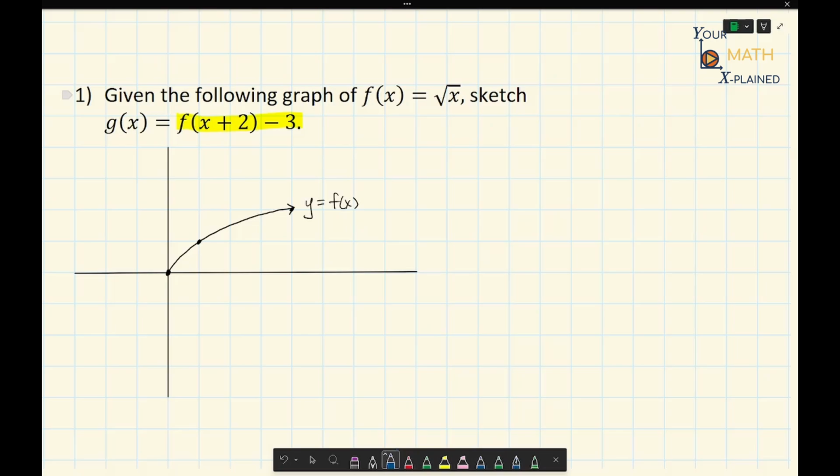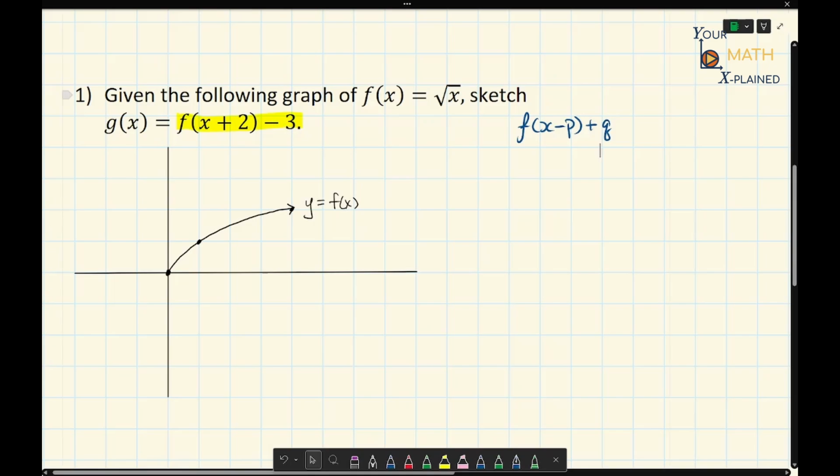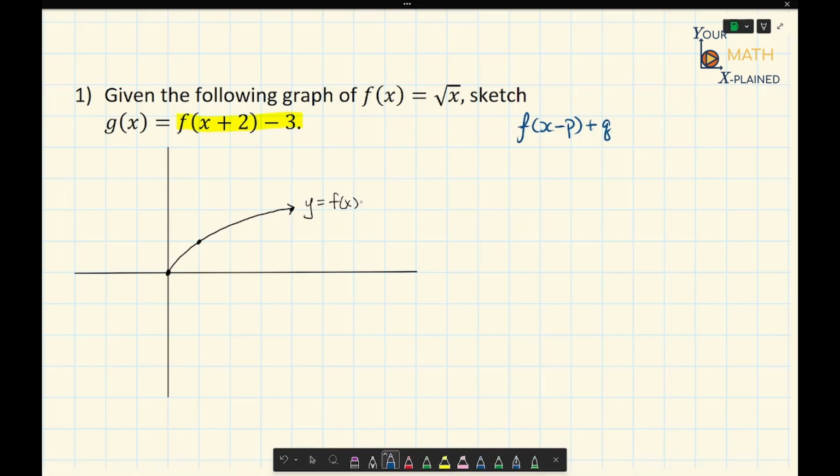So let's go ahead and write down what the general form was. So it was f of x minus p plus q. Okay, so if we compare what we have here to this general form, we can see that our p-value is negative 2, because we would need to write f of x minus negative 2, so that it becomes x plus 2.